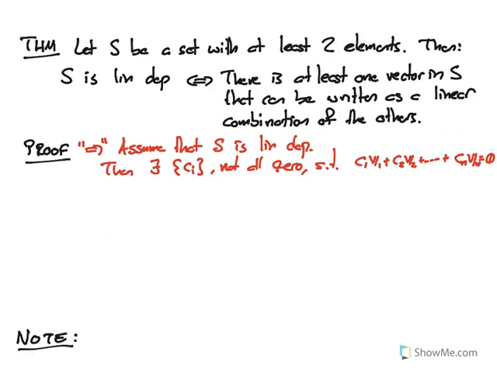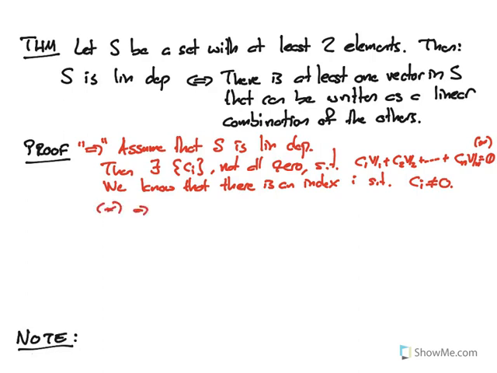We have to be a little bit more careful here and say that, well, we know that at least one of these Cj's has to be non-zero. We know that there is an index i such that Ci is not 0. So let's call that equation star.